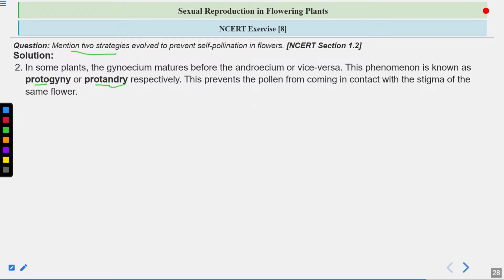So the maturation times of the male and female reproductive organs are different, and in this way they prevent self-pollination. In protogyny, the gynoecium matures earlier and the androecium matures later. Again, they discourage self-pollination in this way. This prevents the pollen from coming in contact with the stigma of the same flower. So these are the two different mechanisms by which the flower has evolved to prevent self-pollination.